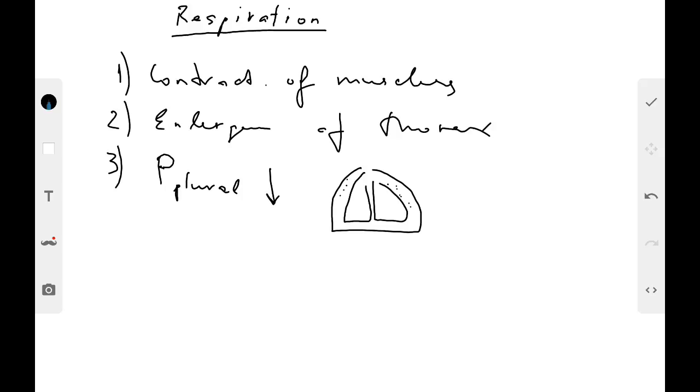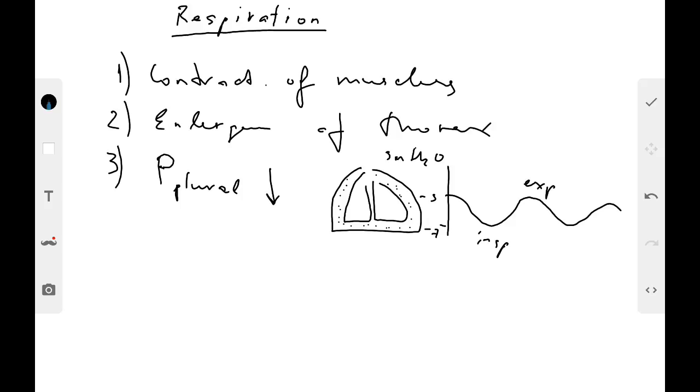This is a thin space filled with liquid to decrease the friction, and the pressure in this cavity is always negative. It is slightly different: it is lower, about minus 7 centimeters of the water column during inspiration. During expiration it increases up to minus 3 centimeters of the water column.